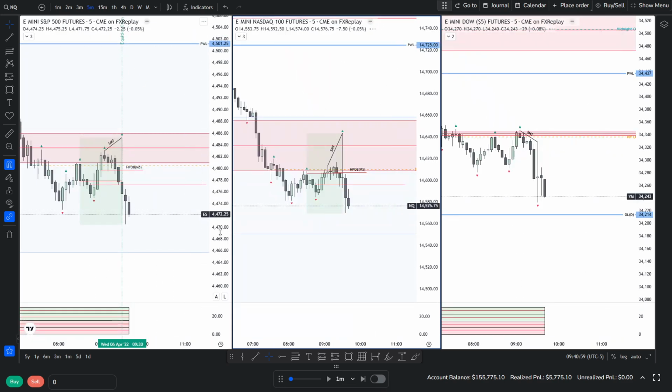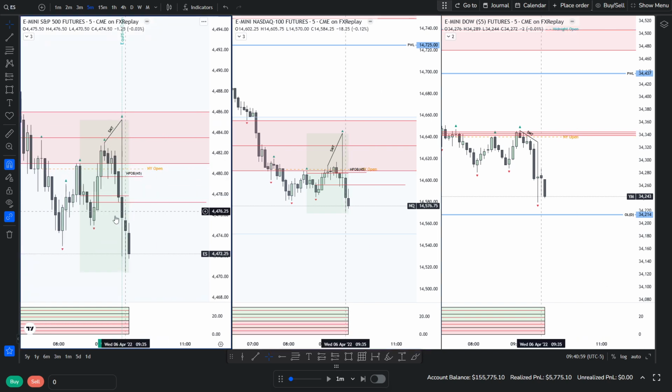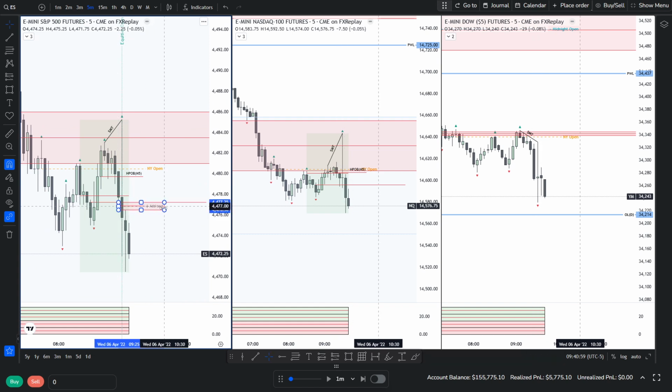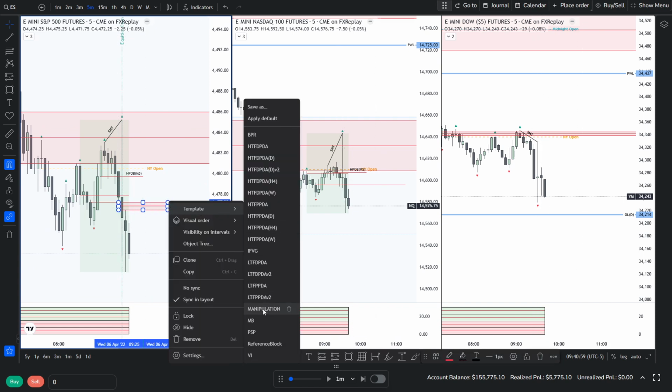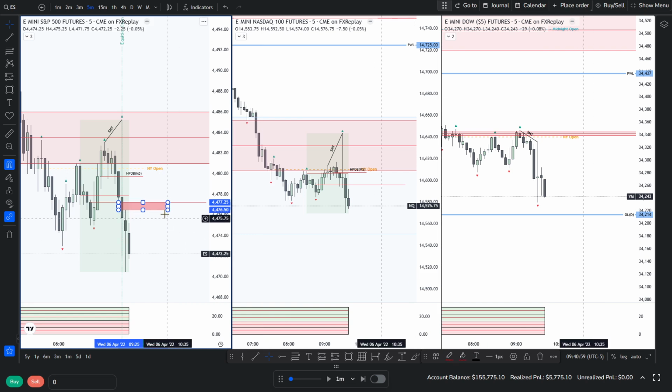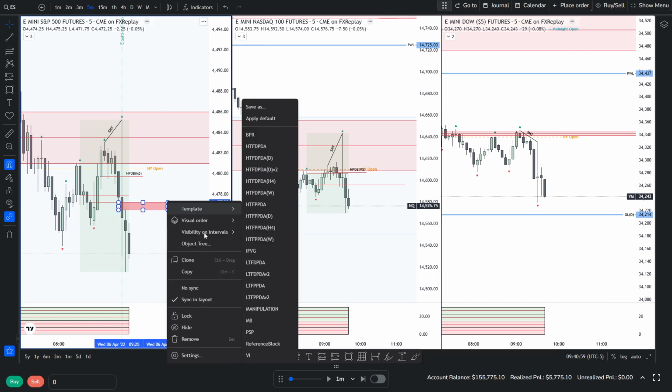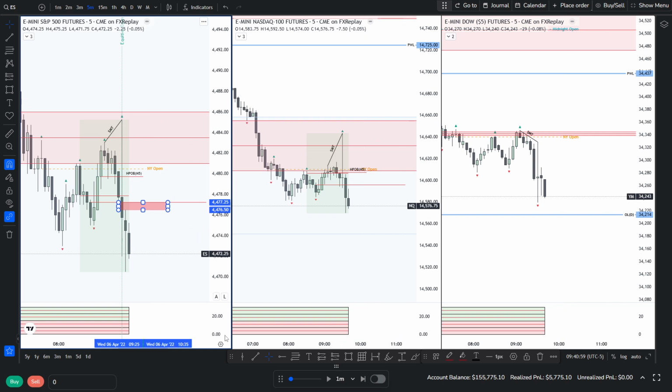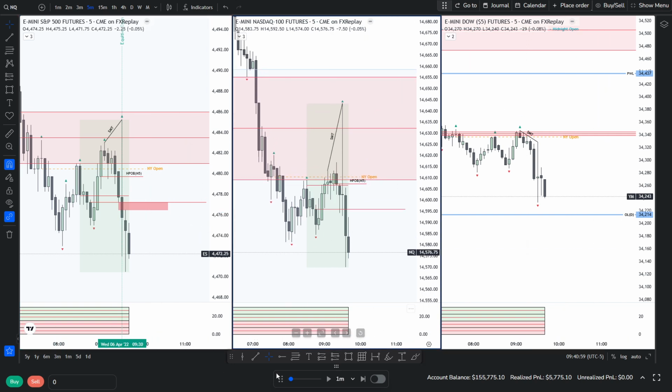So do we have M5 imbalance? We do, right here. Okay, and then do we have one here as well? So we'll look at this candle's low, 593, this high. Yeah, there's a very, very small imbalance just in there.